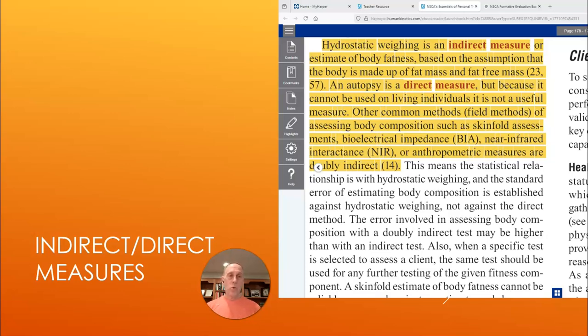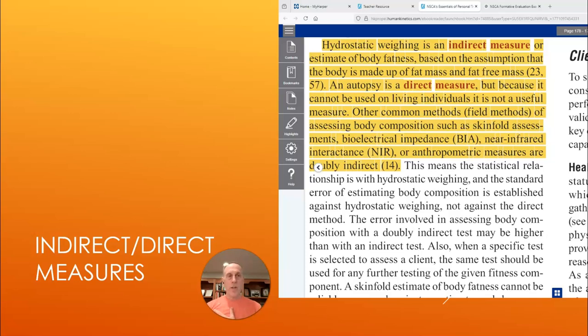It's a process of whole body grinding, and then you use different chemicals to erode away the things that don't matter, and then you can measure and separate the body fat versus non-fat weight. Absolutely gross. But that's a great example of a direct measure. The end result is you no longer have a client.